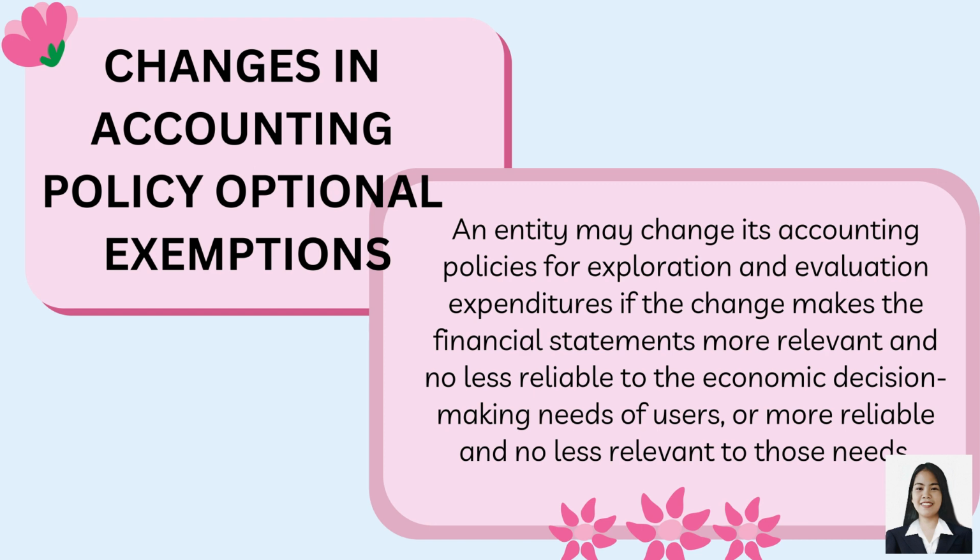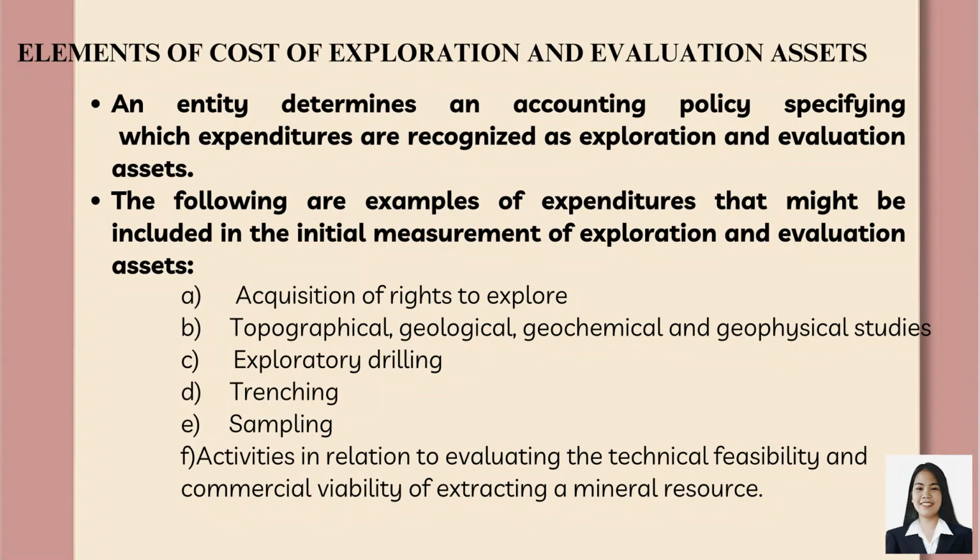with those criteria. For the elements of cost of an exploration and evaluation asset, an entity determines an accounting policy specifying which expenditures are recognized as exploration and evaluation assets, and the following are examples of expenditures that might be included in the initial measurement of an exploration and evaluation asset. A is the acquisition of rights to explore, and B is the topographical, geological, geochemical, and geophysical studies.